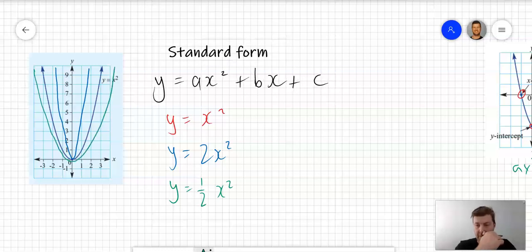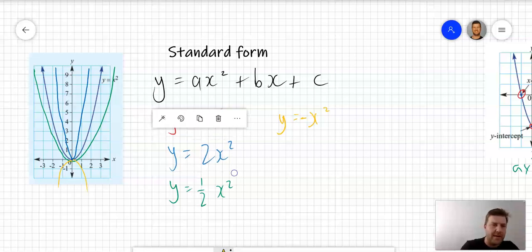Now I'm just roughly showing you, these aren't drawn accurately. I haven't plotted any points or anything like that. I'm just showing you how changing the value of a affects the shape of our parabola. Now, parabolas can also open downwards if a is less than 0. For example, if a is, let's say, minus 1, minus x squared, that one will be opening downwards.